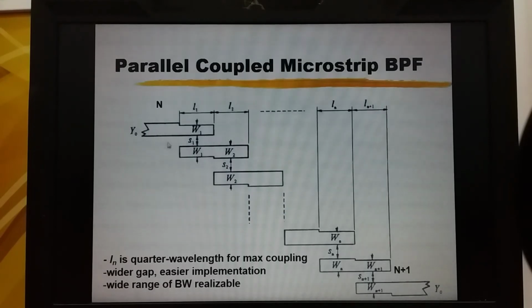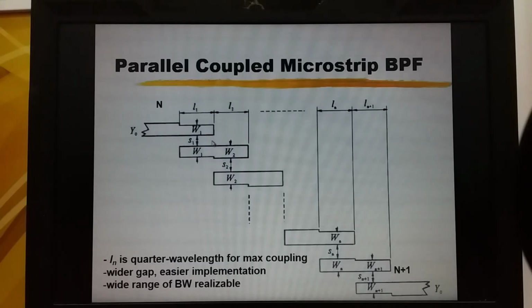From the transmission line to the resonator, the coupling is done through a gap. However, this time the length of this gap is the quarter wavelength. So we have a longer coupling length.